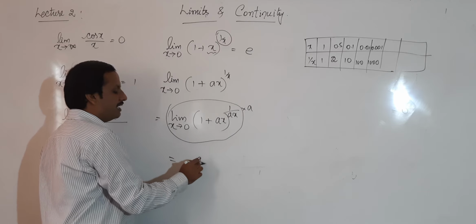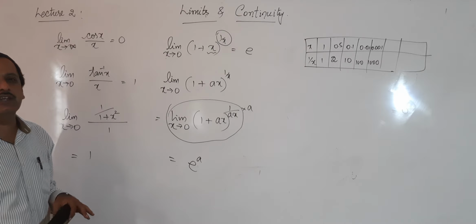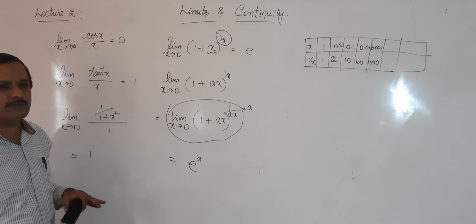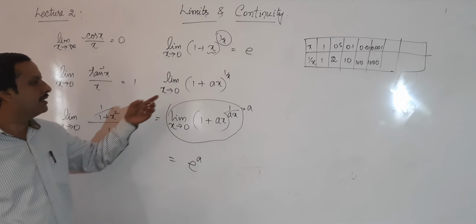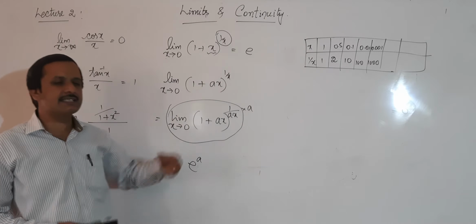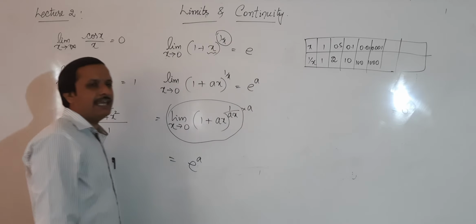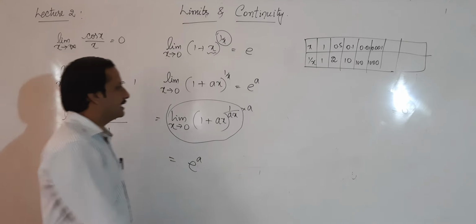And there the power is a. So the answer will be e to the power a. Limit x tends to 0, 1 plus x to the power 1 by x is equal to e. Therefore limit x tends to 0, 1 plus ax to the power 1 by x can be written as e to the power a. Okay, next.